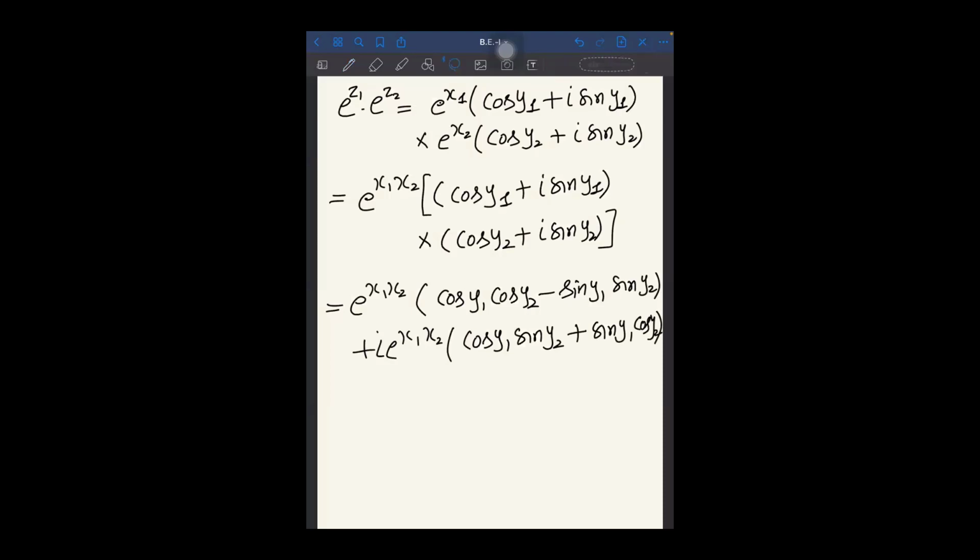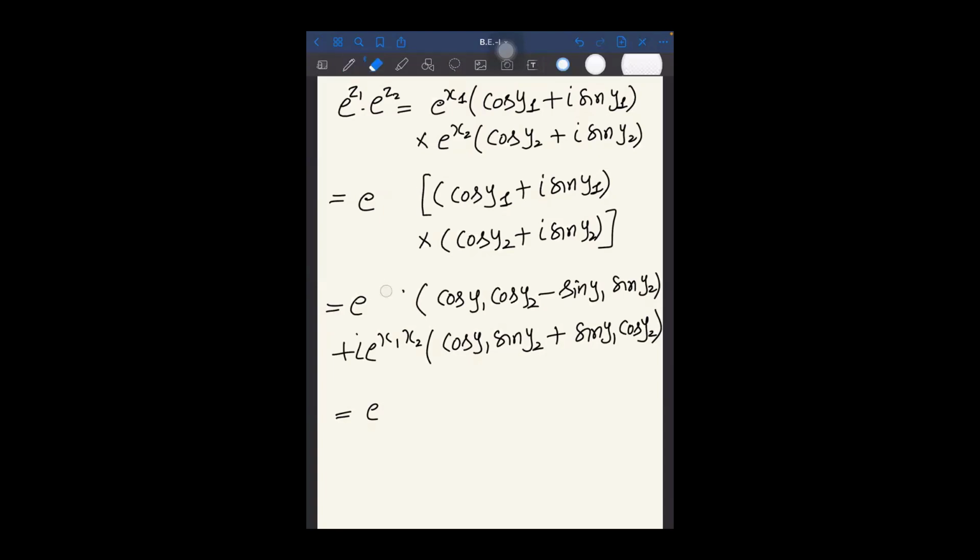Let me make a space to write it clearly. Sorry, I should write it as e^{x1 plus x2}.